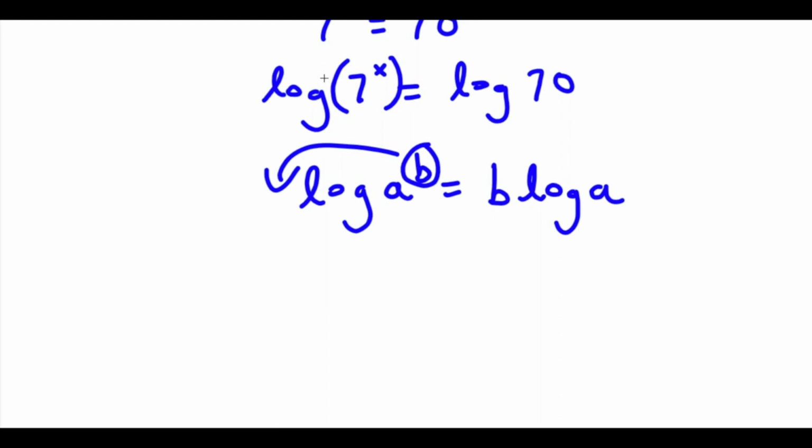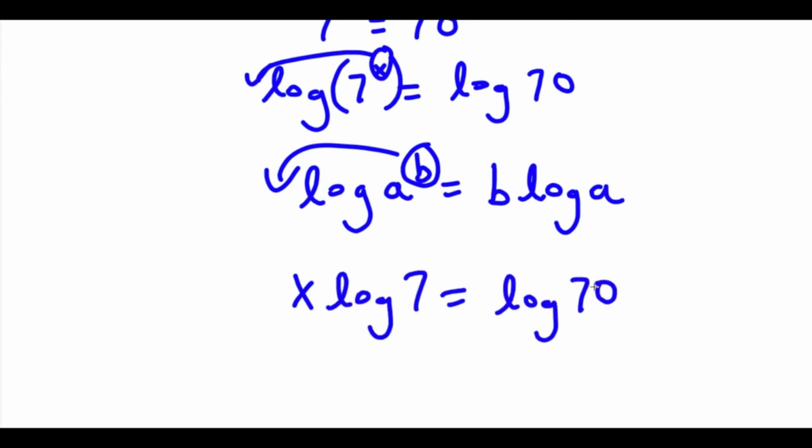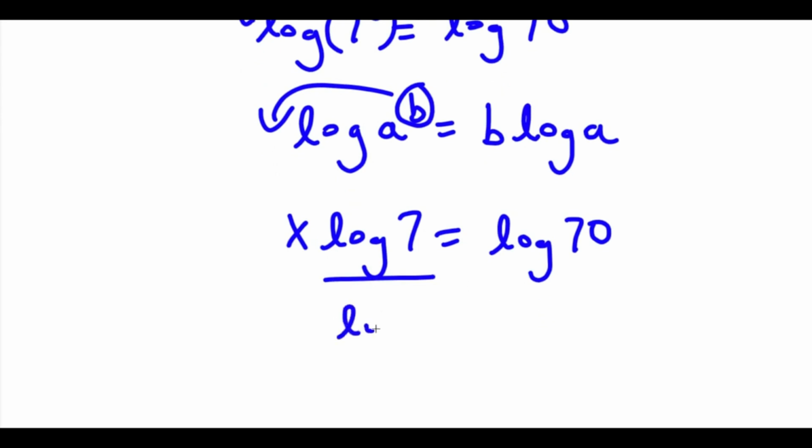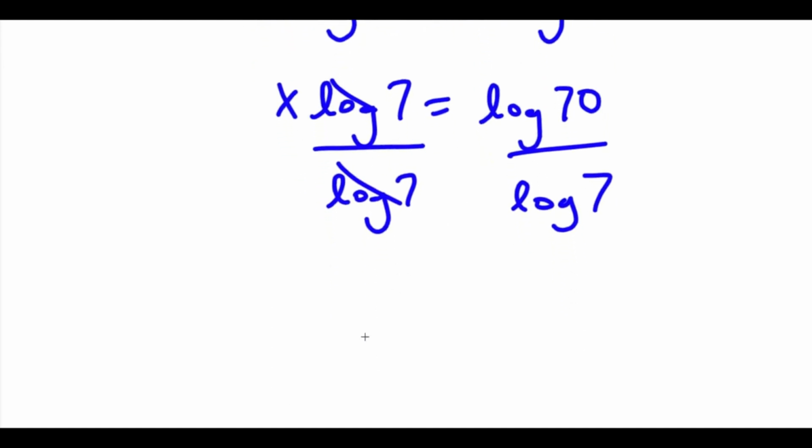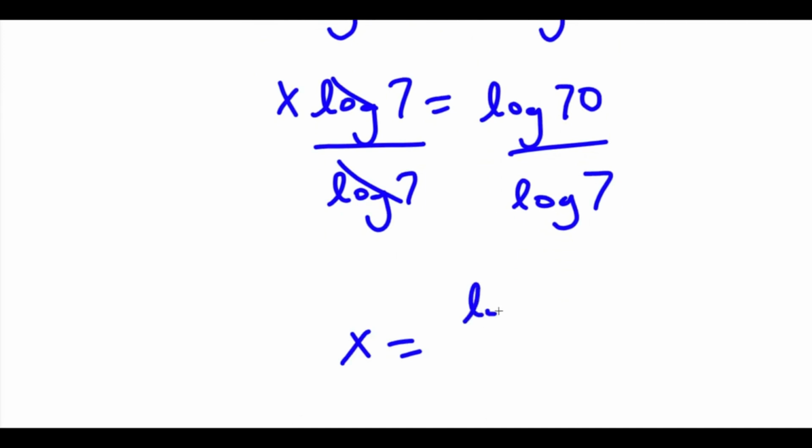So now, I can move this exponent x to the front, so I'll have x times log 7 is equal to log 70. Now I can divide both sides by log 7. So then these two cancel out. Now we're left with x is equal to log 70 over log 7.